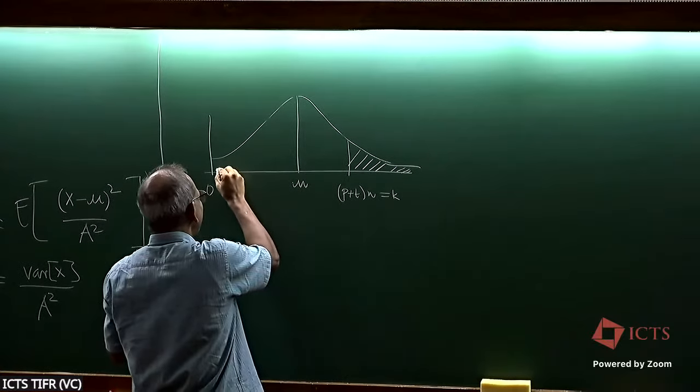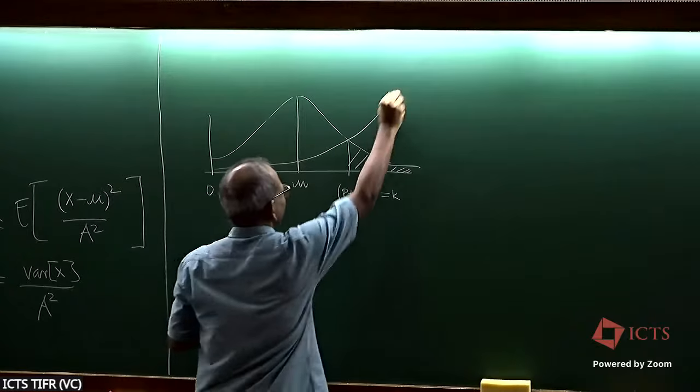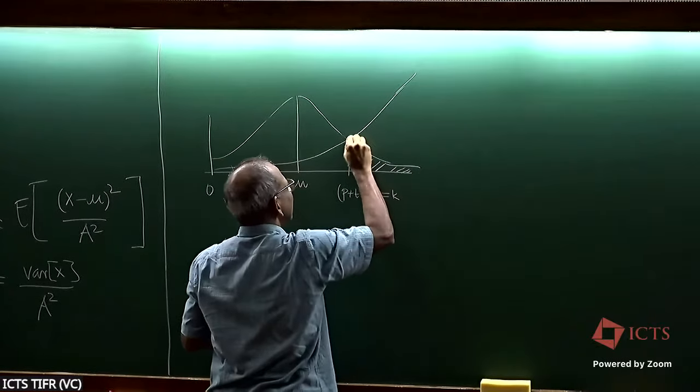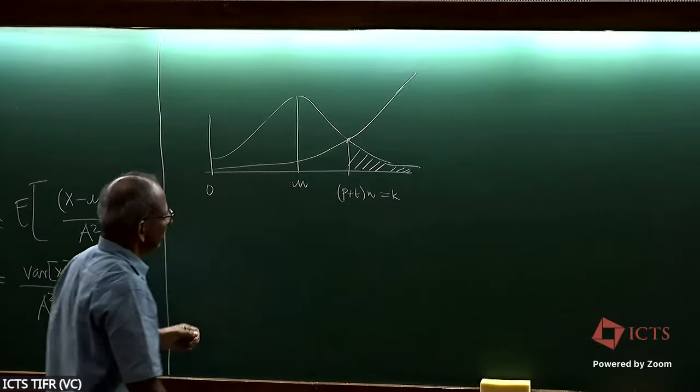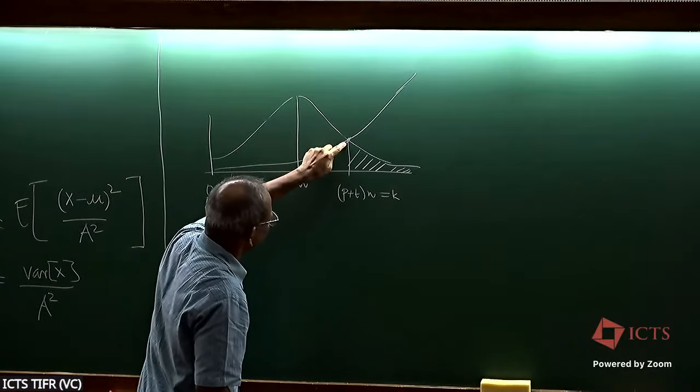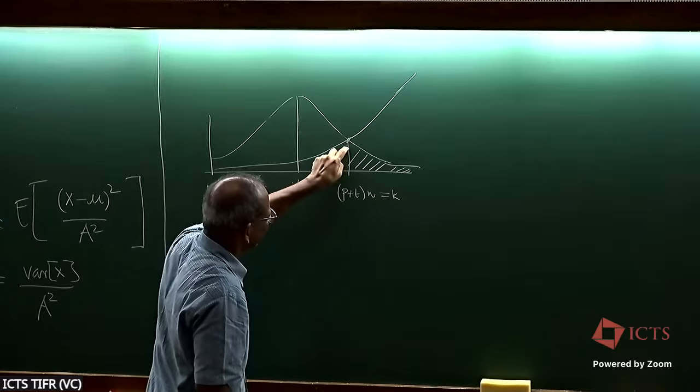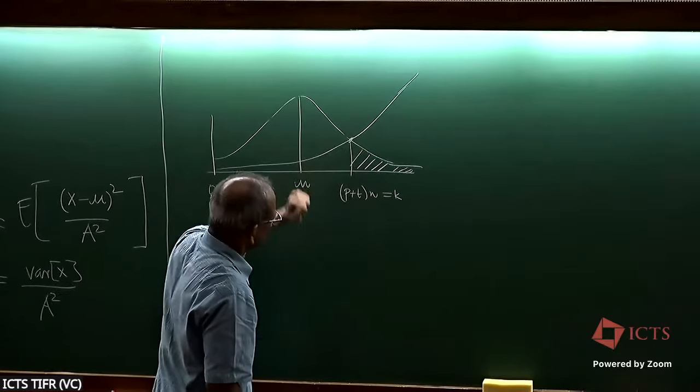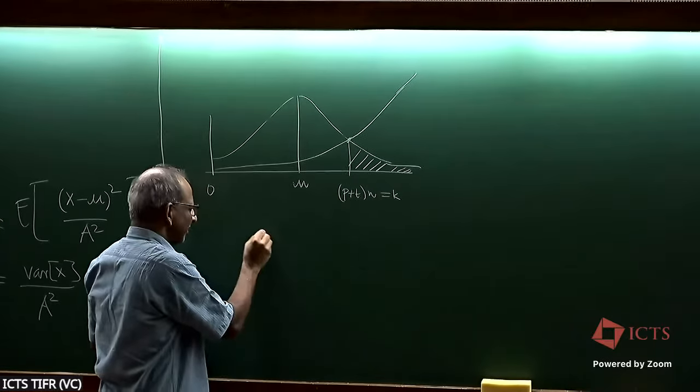So let me try and get a function like this. An exponential function of x, which is 1 at k.